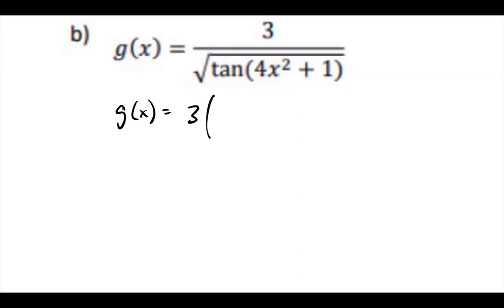So how do I move that root with the tangent of 4x squared plus 1? How do I move it up so that there is no denominator? What am I going to do? Take it to the -1 power. That's what I'm going to do.